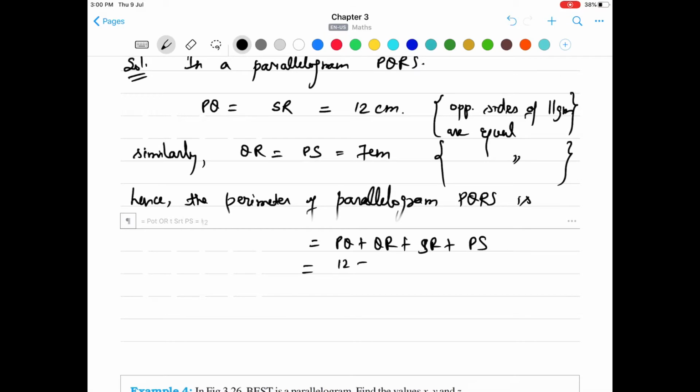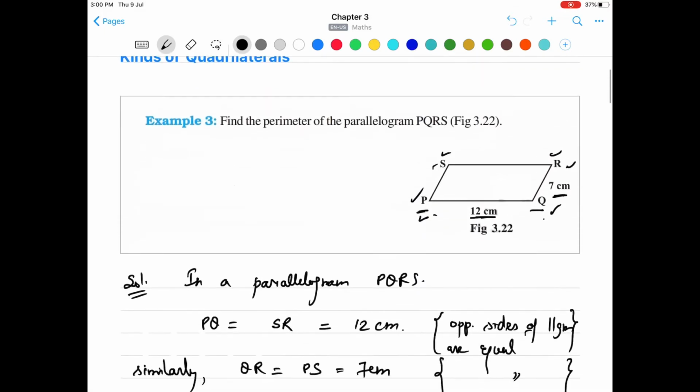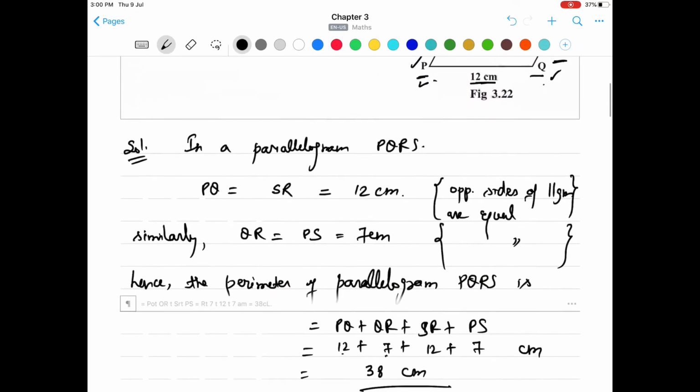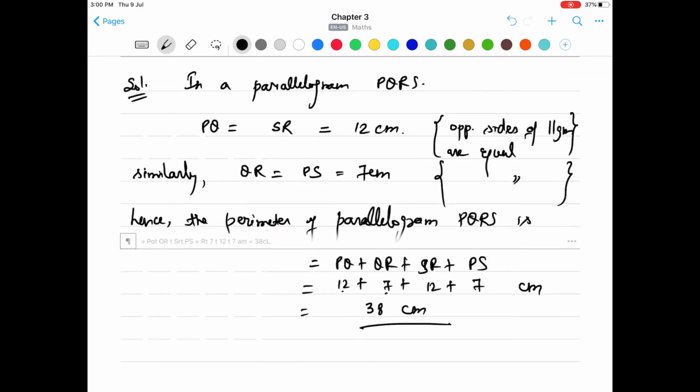PQ is 12, QR is 7, SR is again 12, and PS is 7 centimeter. When you add all these numbers, 12 plus 7 is 19, again 12 plus 7 is 19, and 19 and 19 is 38 centimeter. So that's the solution of example number 3. We were asked to find the perimeter of this parallelogram, and we got its perimeter as 38 centimeter.